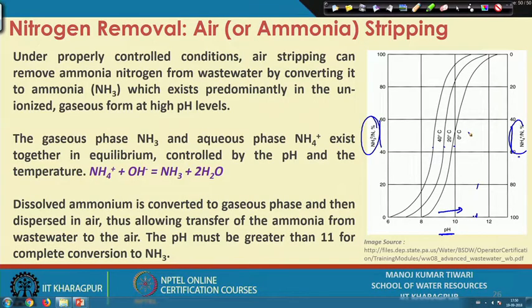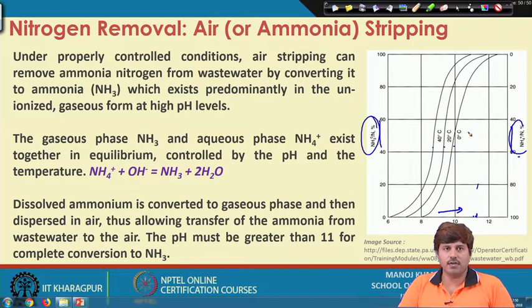Ammonium ion is something which is dissolved in the water, but if it is converted to ammonia gas, which predominantly exists in an unionized gaseous form, okay, that can then be released. So, this can be made to escape to the atmosphere if we go for an air stripping process, okay.